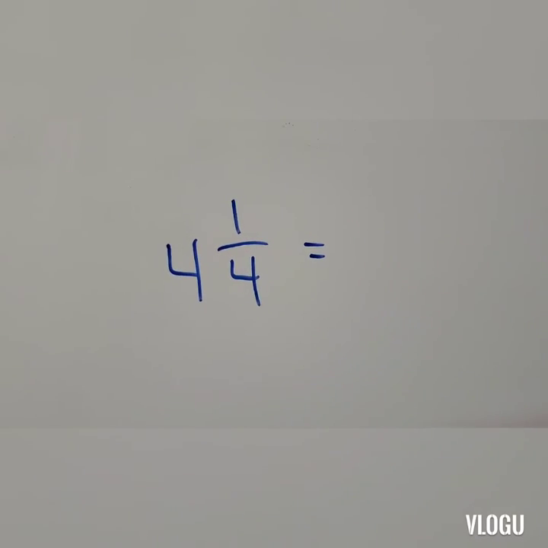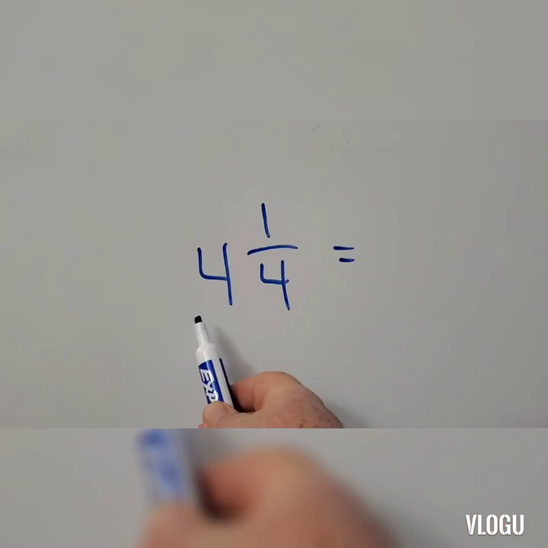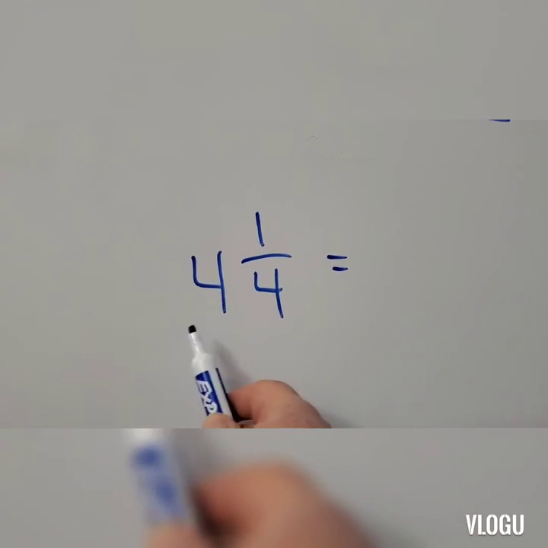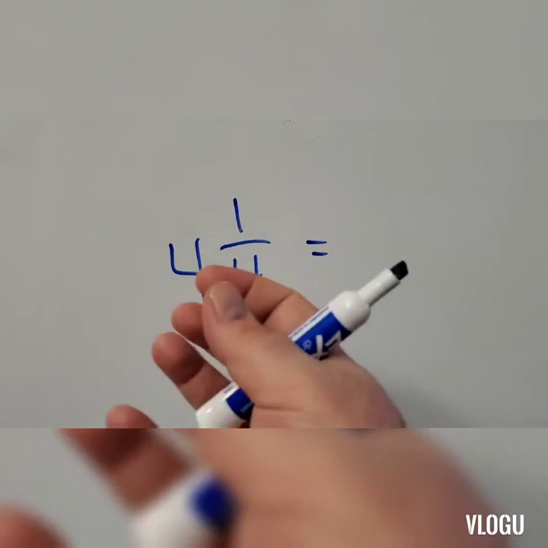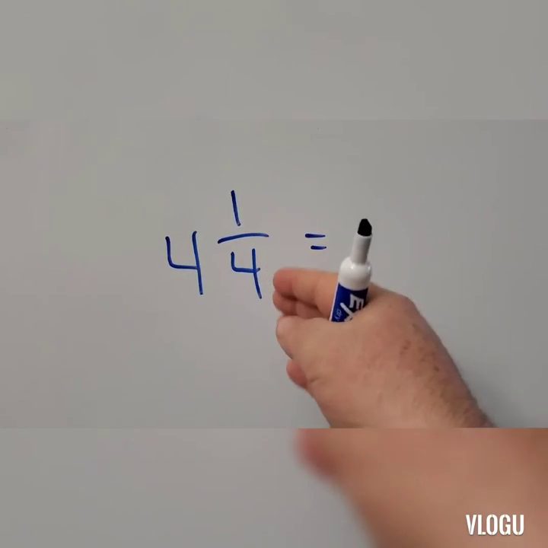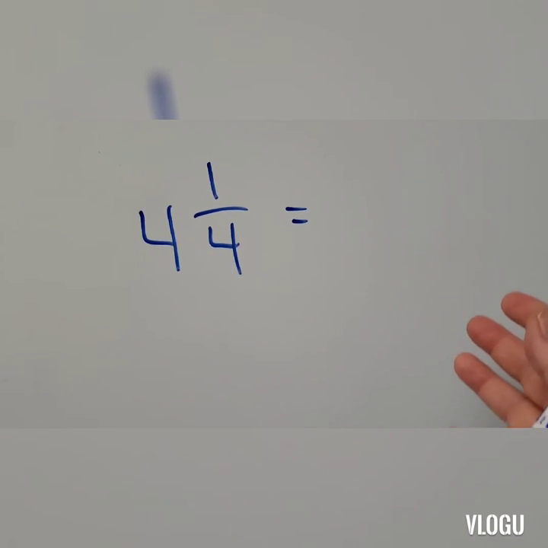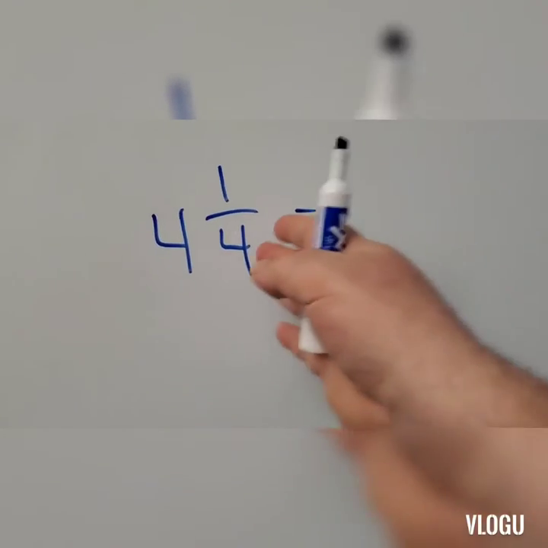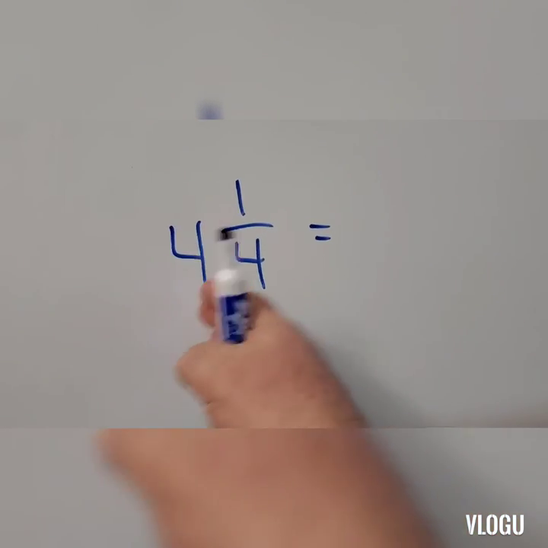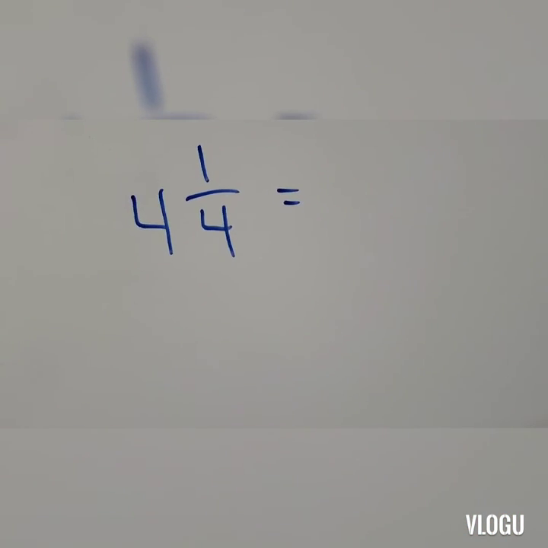What if we have a mixed number? The mixed number represents that we have more than one whole. We actually have 4 wholes. We have 4 wholes and part of a whole. Well, with our decimal, anything to the right of the decimal point is less than a whole. Anything to the left of the decimal is the whole number.